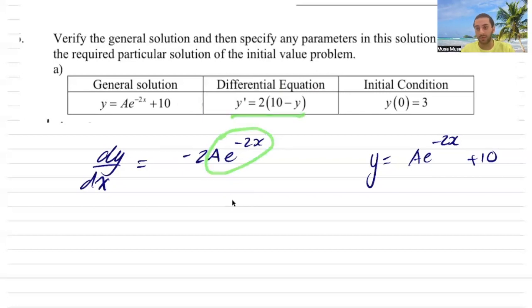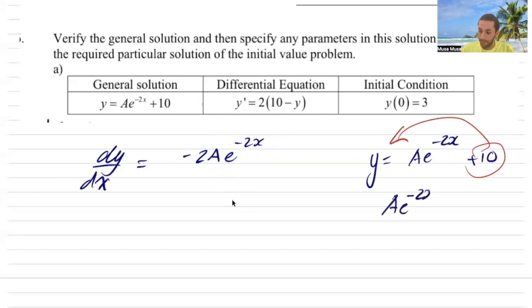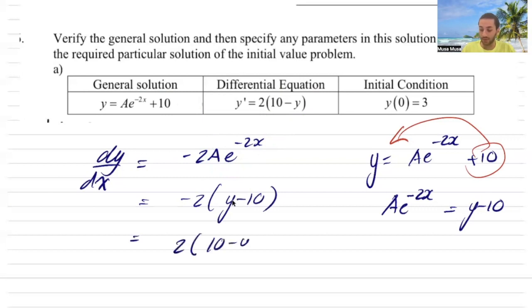So clearly we've subbed it out, probably by taking that 10 and moving it to the other side. And then this becomes minus 2, y minus 10. And then by just expanding the negative into it, you get 10 minus y. Very nice. So therefore it satisfies the differential.